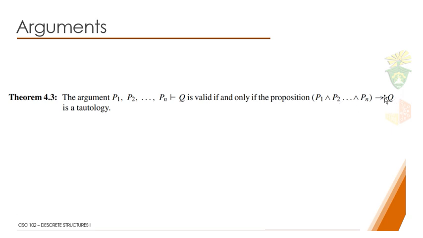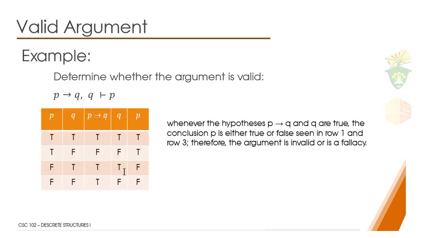If this argument or proposition is true, or a tautology, then it is called a valid argument. Okay? We cannot say that this is a tautology since we have two true premises, P, Q, and Q, but the conclusion is false.